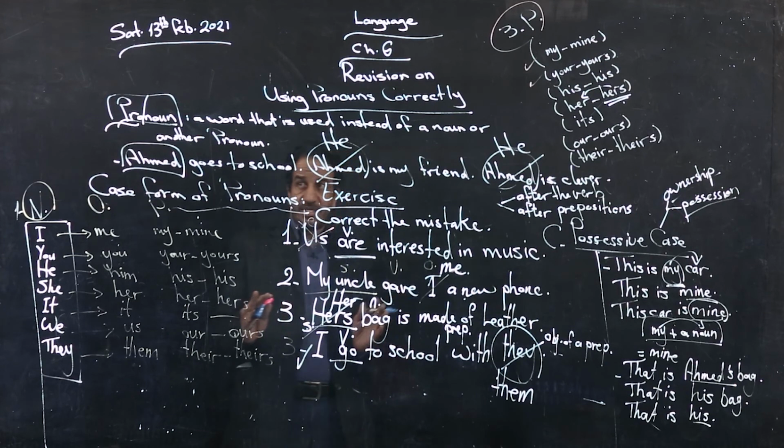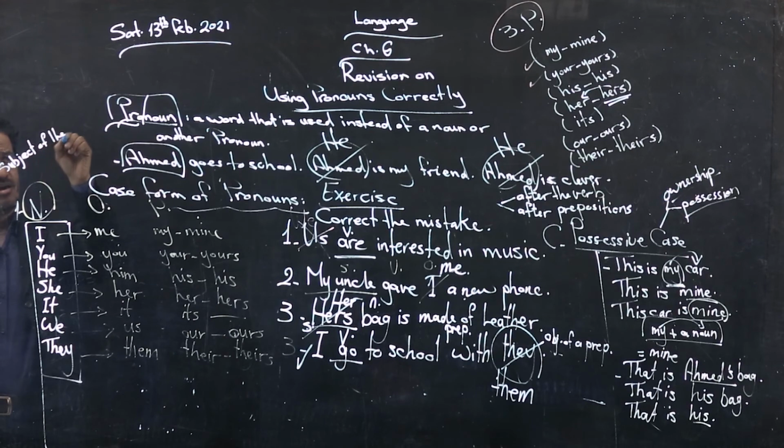I think the case of the pronouns are clear now. We have 3 cases in English. Nominative case, objective case, and possessive case. Nominative case: subject of the verb, or predicate nominative.